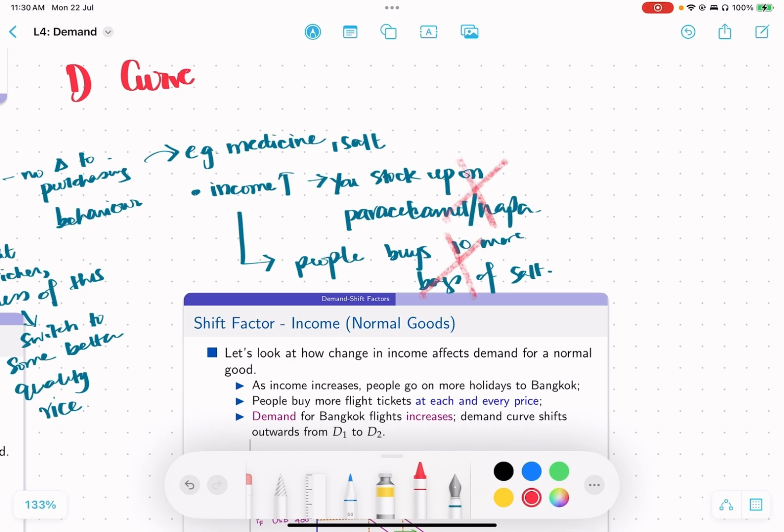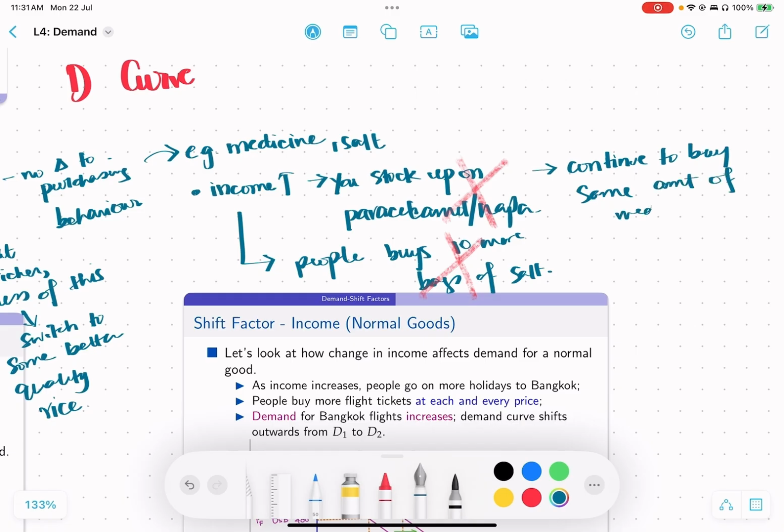Essentially, even though your income is going up, you actually continue to buy the same amount of medicine as prescribed by your doctor. Or when it comes to salt, you continue buying the same amount of salt as before.